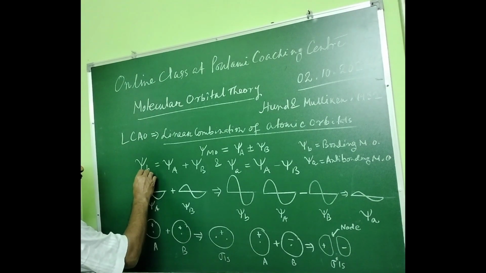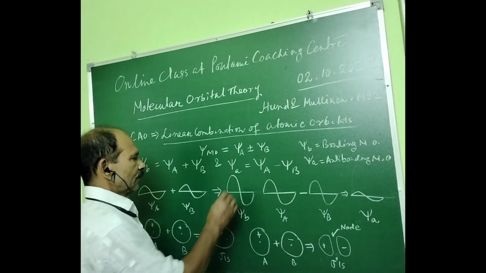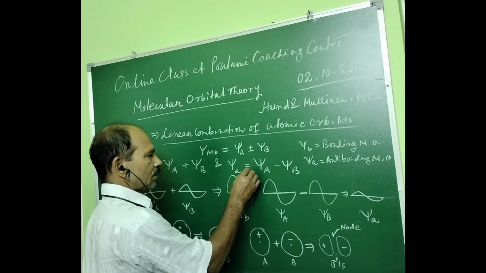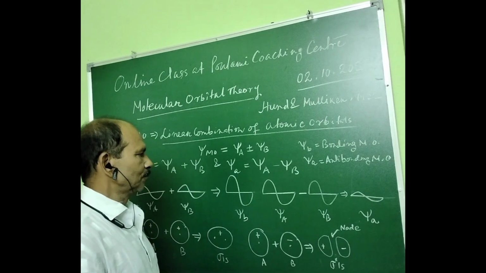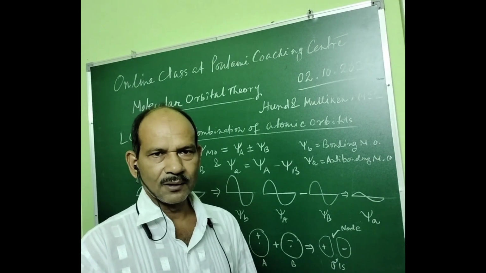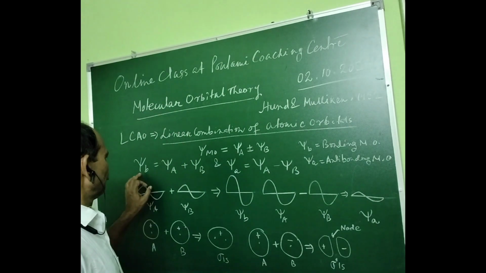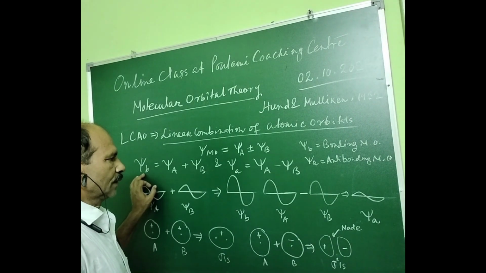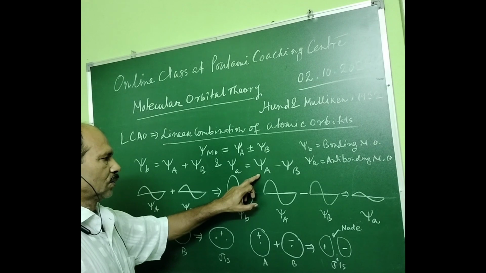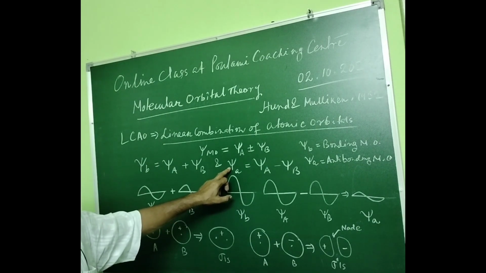The bonding molecular orbital is psi b equals psi A plus psi B, and the antibonding molecular orbital is psi star equals psi A minus psi B. These are the addition and the subtraction of the two atomic wave functions.